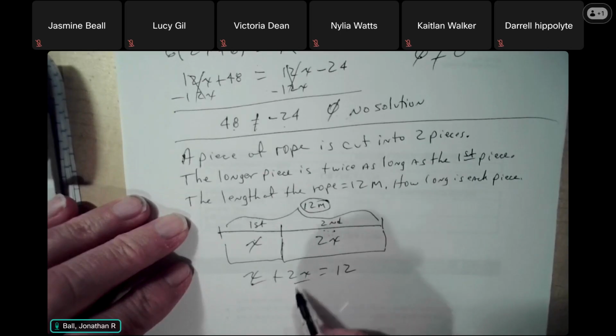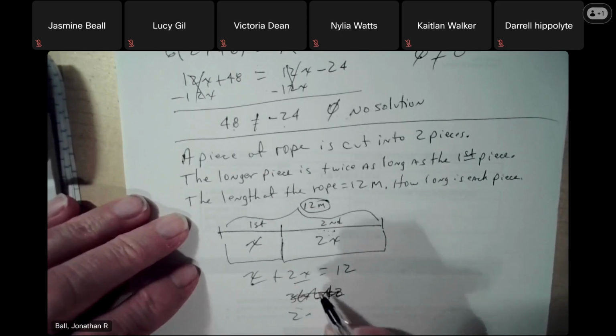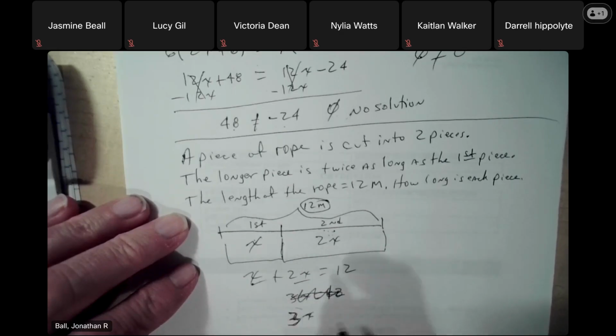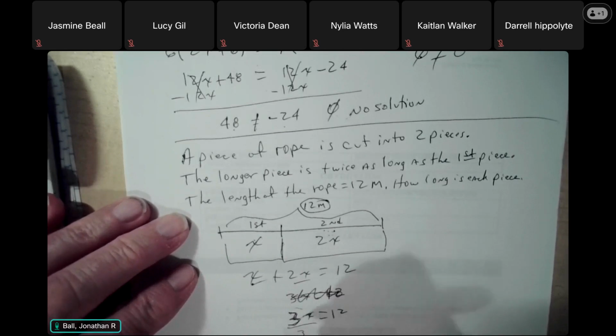Now we have like terms here. So x plus 2x is 3x, equals 12, divide by 3, x is 4.